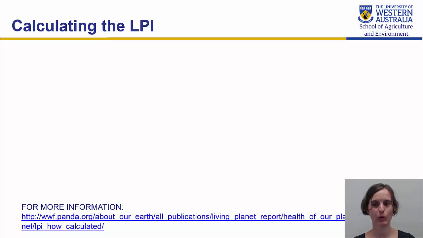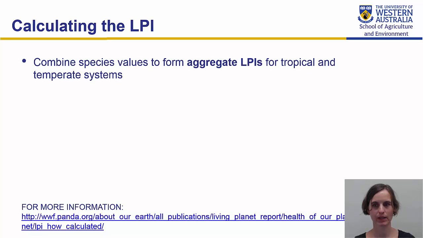So let me walk you through that process. They've calculated the rate of change for each individual population. Then they add them up, they aggregate them. Aggregation just means adding up.